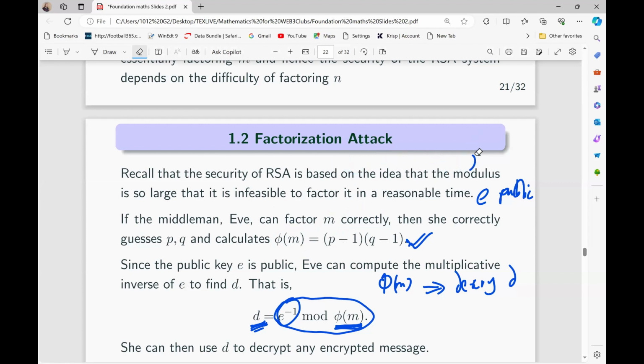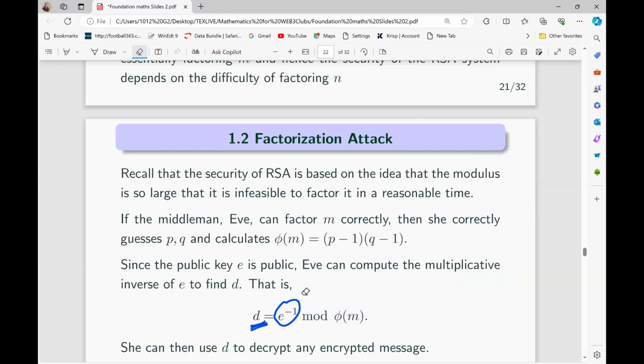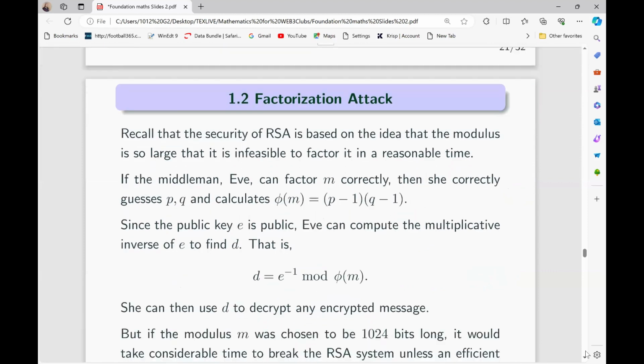Factorization attack is where the intruder attacks your M, which is in the public domain, and tries to factorize it. The intruder will be trying to factorize by use of a computer, so maybe an algorithm of factorizing, and there are several of them.